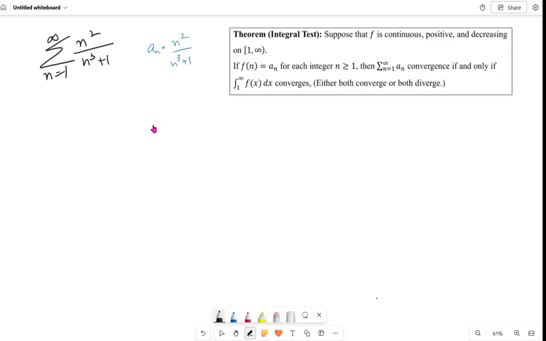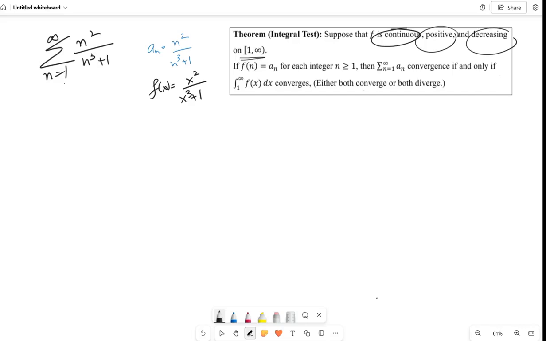The corresponding function which we are going to use is f of x equals x squared over x cubed plus 1. You just need to replace n by x here. Now we need to check three conditions. Remember, continuity, positive and decreasing from 1 to infinity. We talk about 1 to infinity because the series only runs from 1 to infinity.